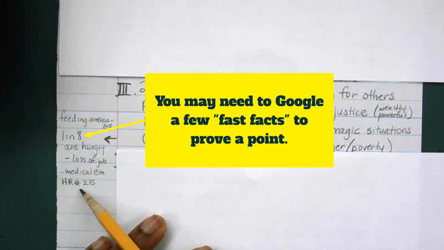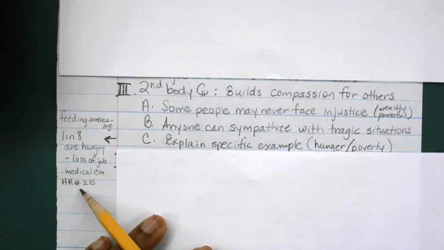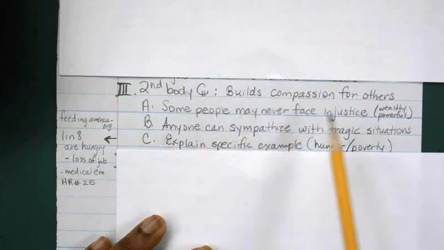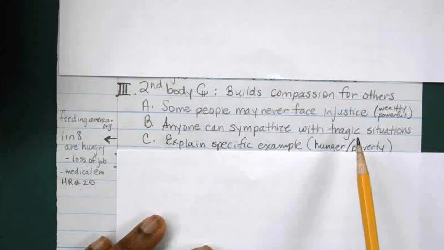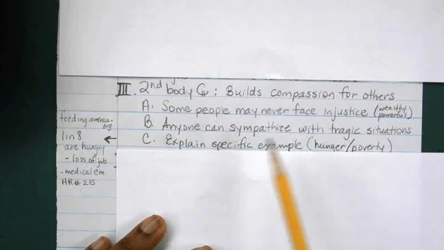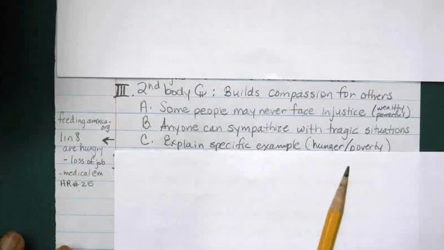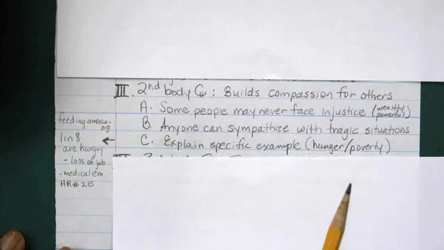I'm also going to use Human Rights article number 25. This one has to do with every human having the right to adequate food, housing, and health care. So all that's going to be in this body paragraph about building compassion for others by learning about injustices that have happened in the past.